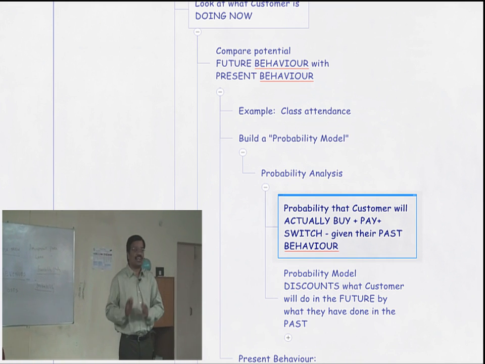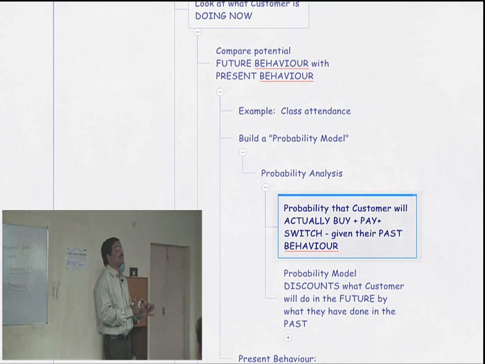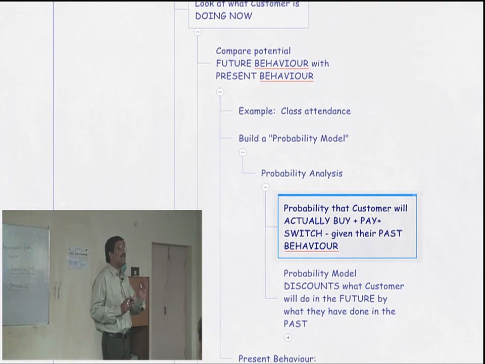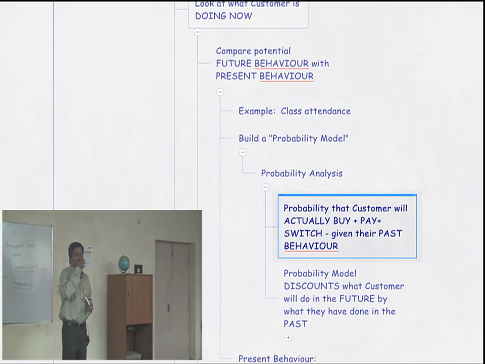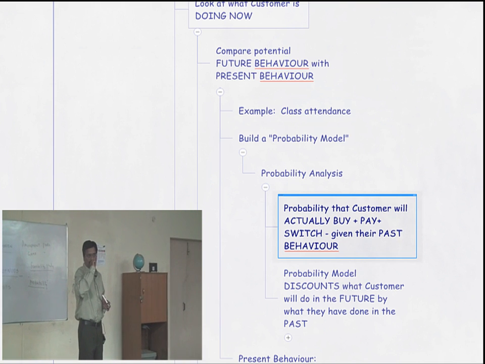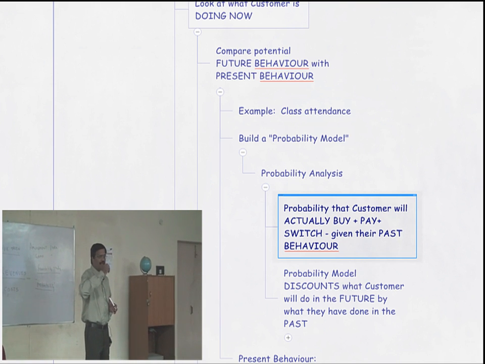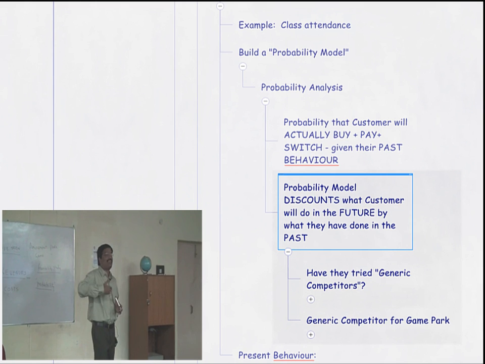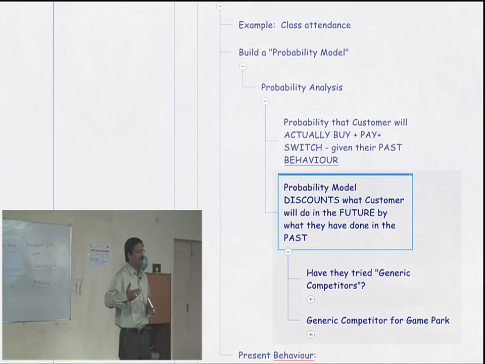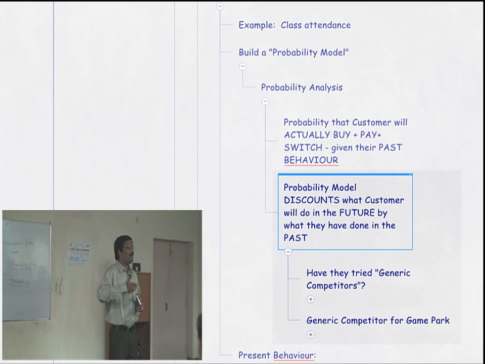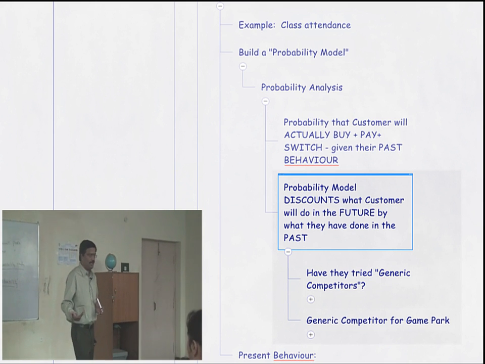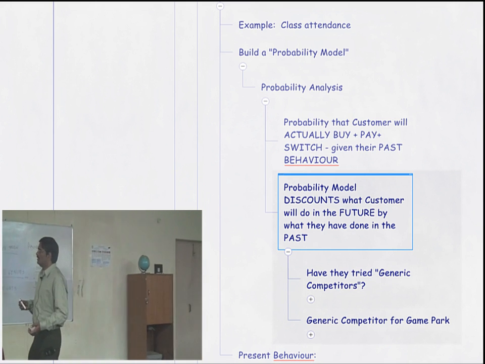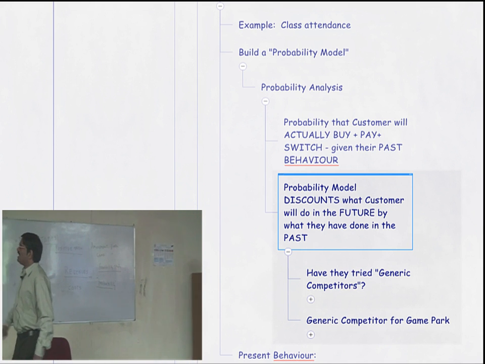He will actually try, actually pay, actually switch, given his past behavior. Now I would like to put in a probability model which will discount what he is saying now by a factor depending upon what he has done in the past. Okay? So we are saying, have you tried generic competitors?